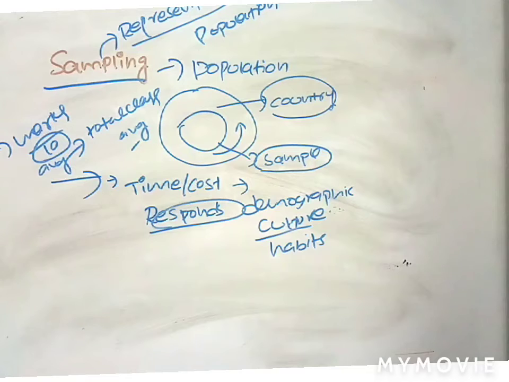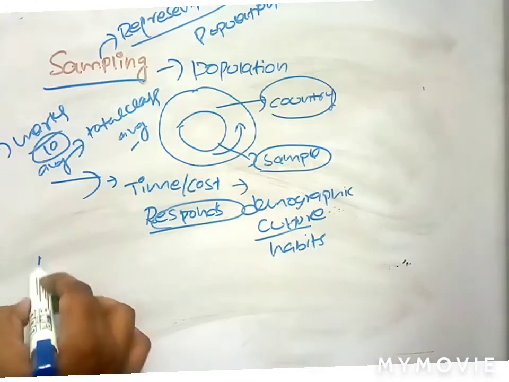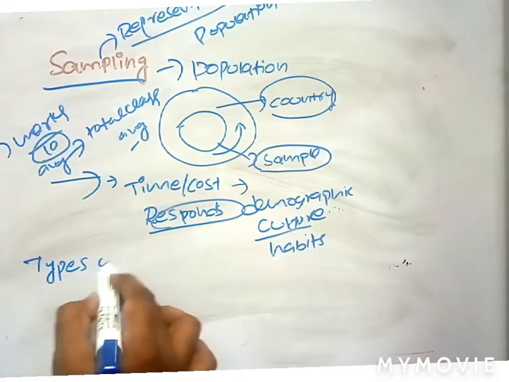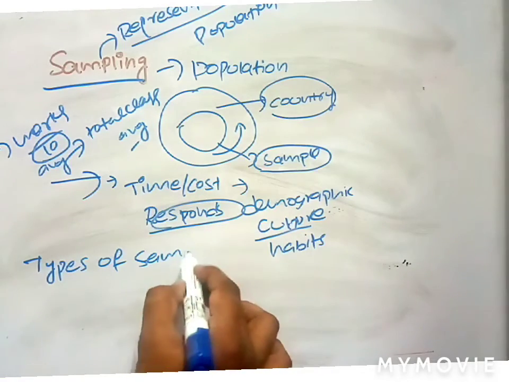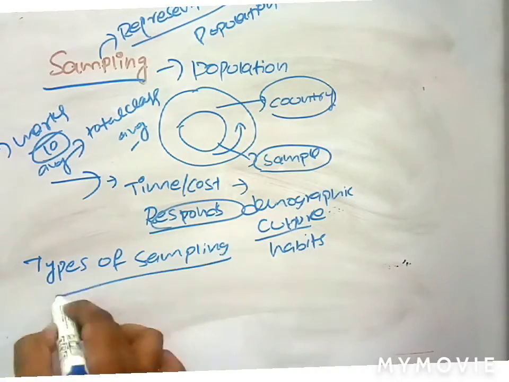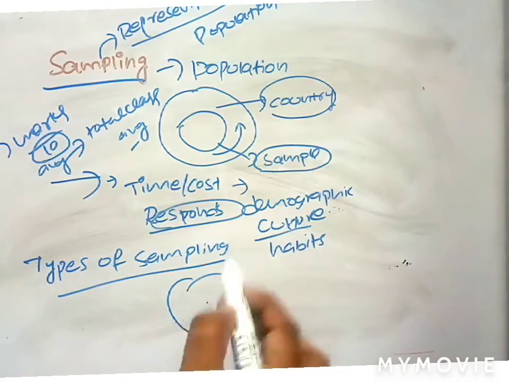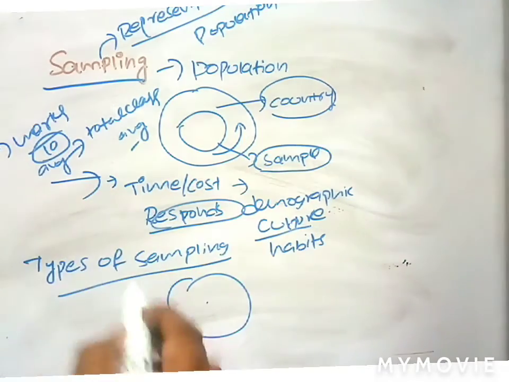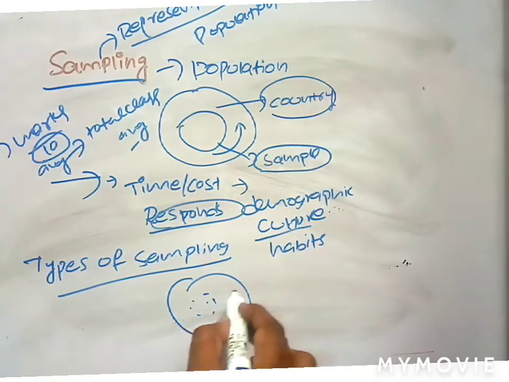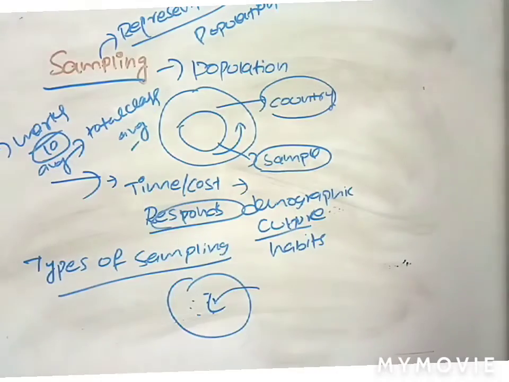How many samples we need to take for different studies, as well as what the different types of sampling methods are, let us understand. There are different types of sampling. When we take a particular sample from a particular universe, what is the method to extract these samples?